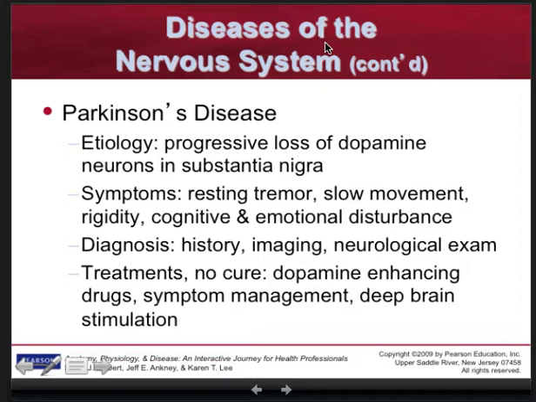There is a treatment for this condition, but the material that would have to be used in order to treat it isn't something that we can acquire here in the United States legally. It would come from the brain tissue of aborted fetuses, and these would be dopaminergic stem cells. It's been shown that in some cases they can repopulate the damaged area and restore some of the pre-Parkinsonian functionality to the brain.